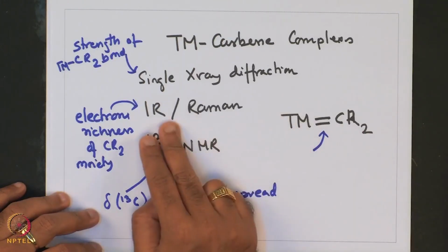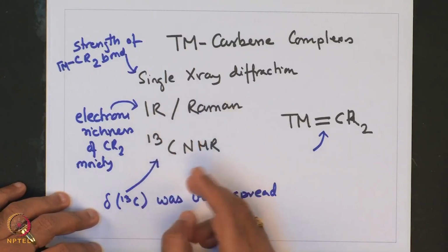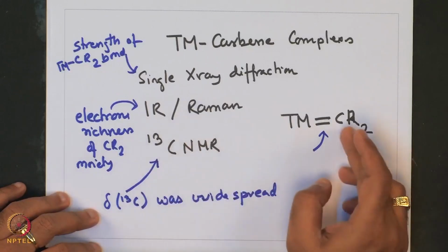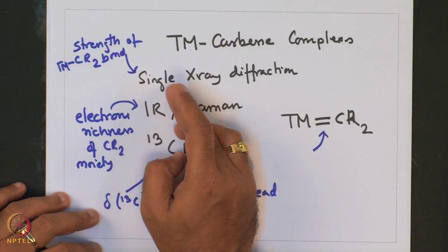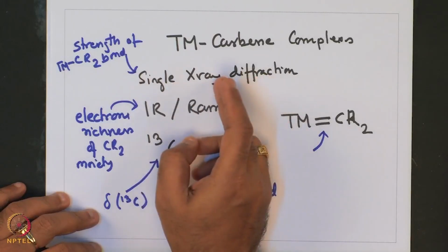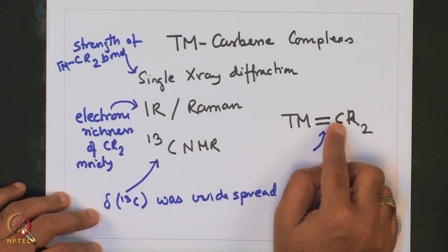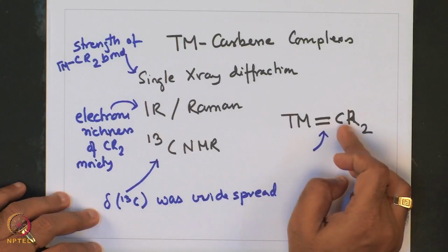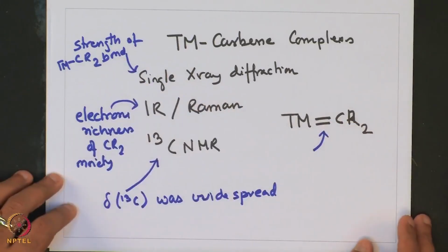Whereas IR or Raman studies clearly gave a method for quantification of the electron richness of the carbene center, as well as X-ray diffraction studies, by looking at the metal carbene bond length, were also able to give insight into the strength of this metal carbene bond, with the multiple bond nature leading to its greater strength.